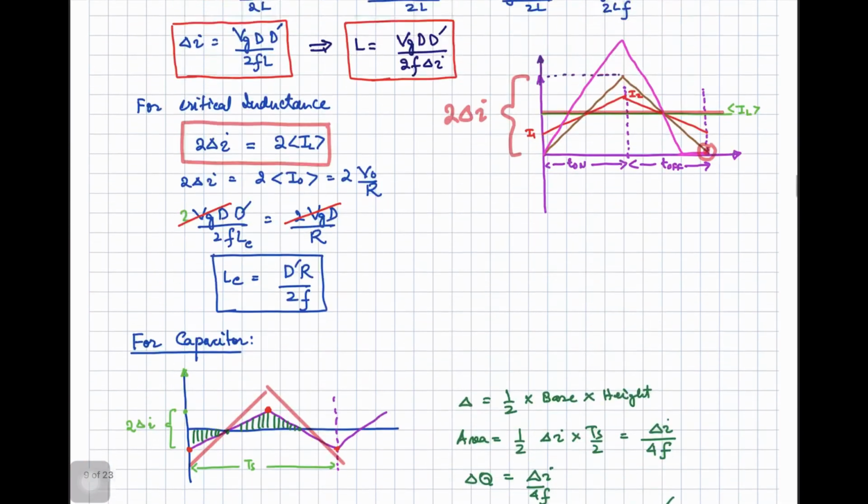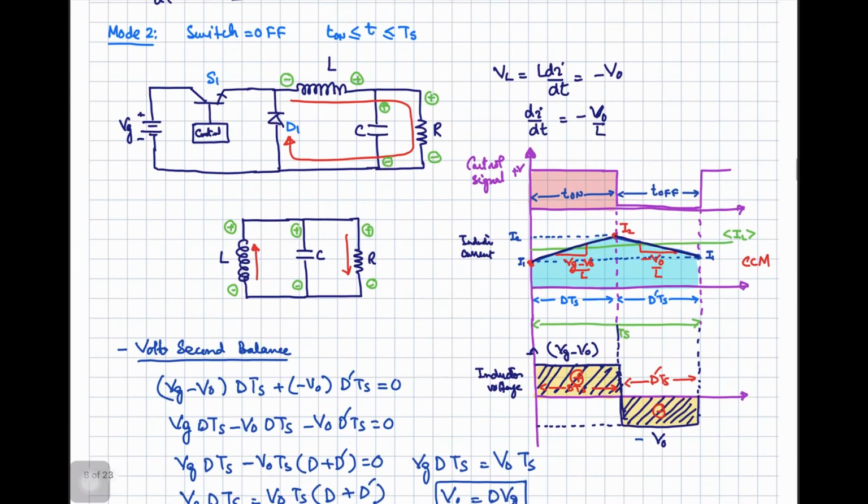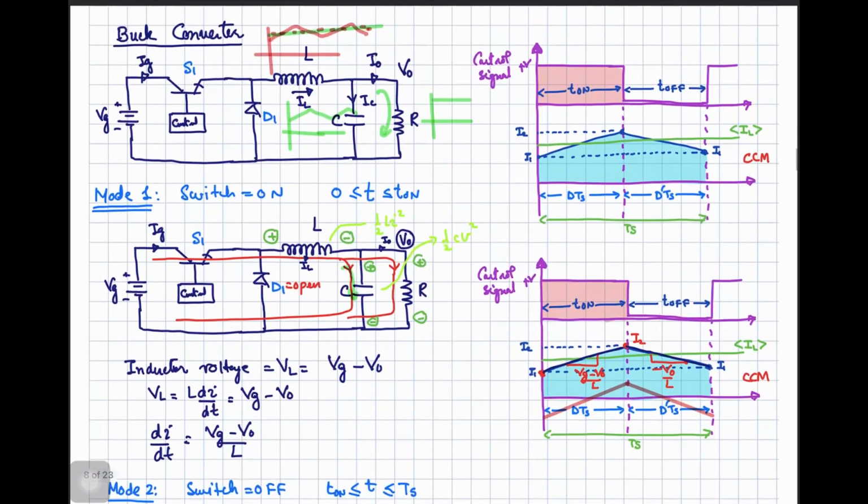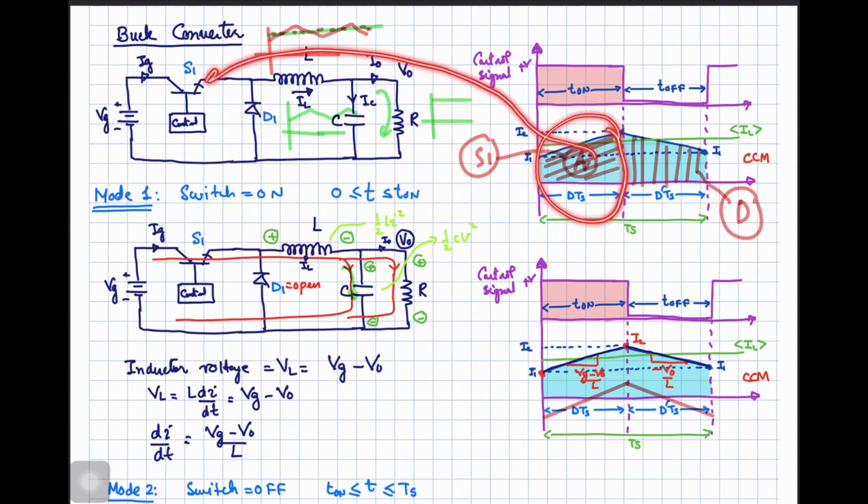If I go back and look at the current waveform, in the first mode of operation, this portion of the current, let me call it A1, is basically through the switch S1, and this portion of the current is basically passing through the diode. So the average value of this one will give you the DC value of the diode current, and the average value of this portion will give you the DC value of the current passing through that switch.